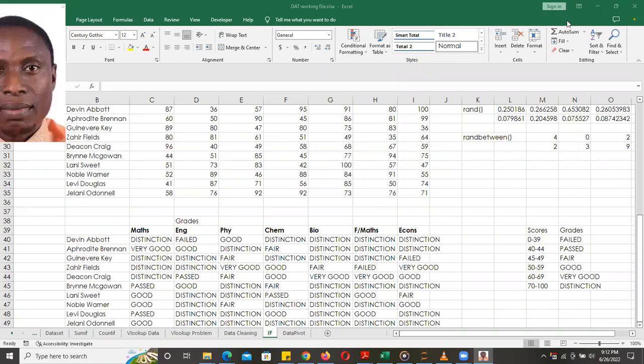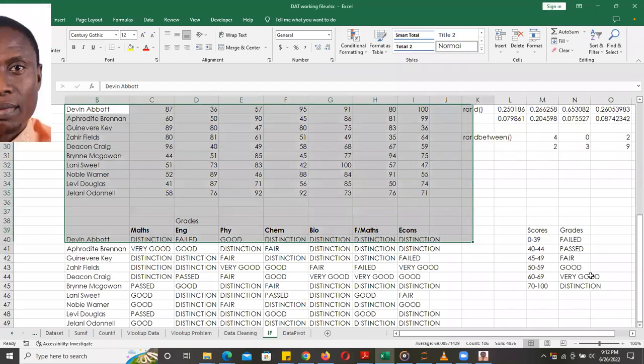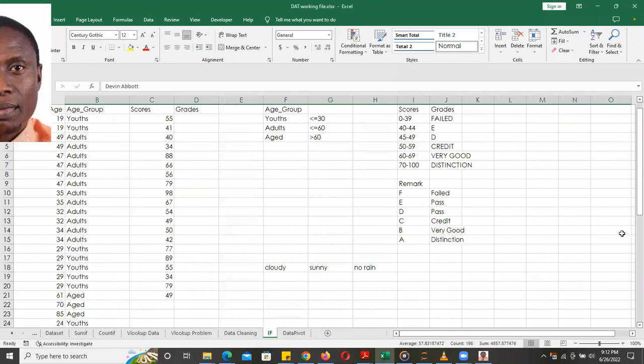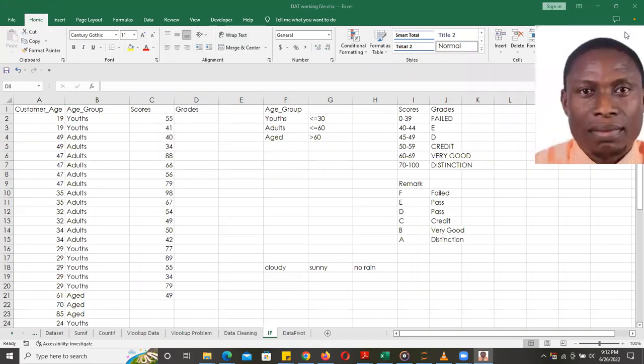No, it's still showing. The cell referencing address is no longer displayed right now. Are you good like this? All right, it's okay. Thank you.